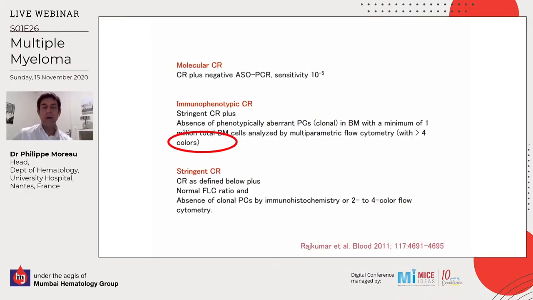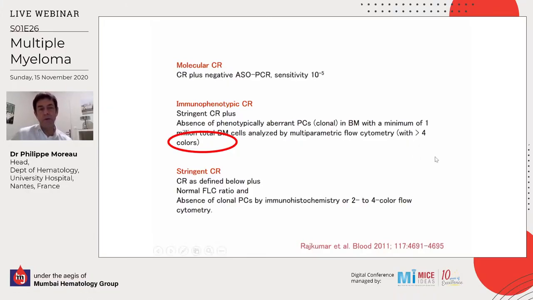Five years later, Vincent Rajkumar from Mayo Clinic introduced the idea of immunophenotypic CR or molecular CR, and we were able to upgrade the response.